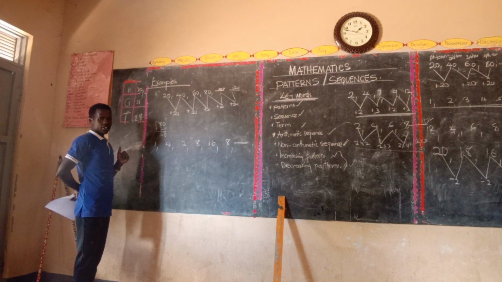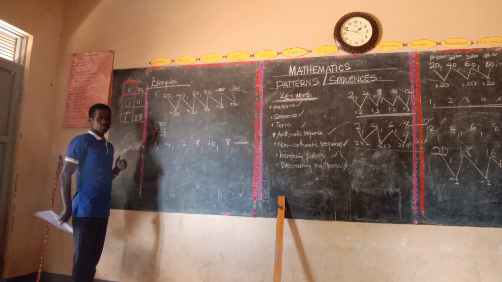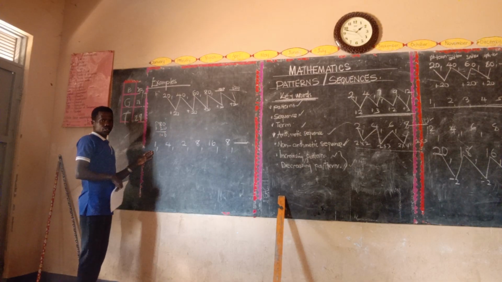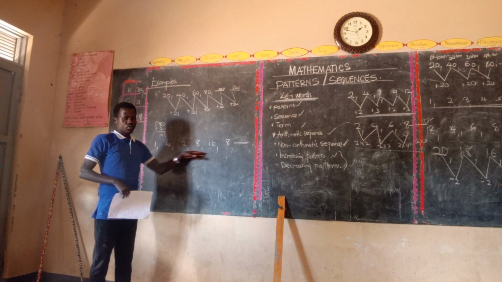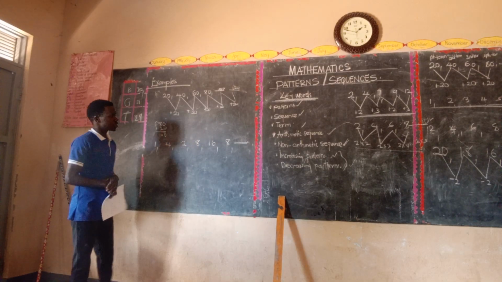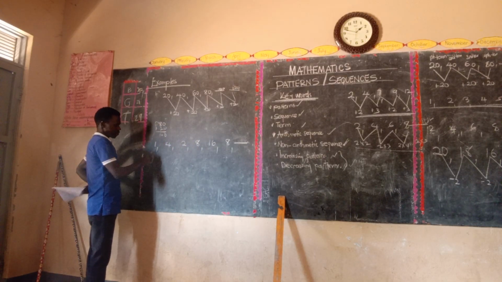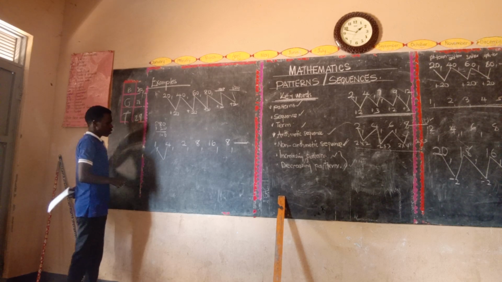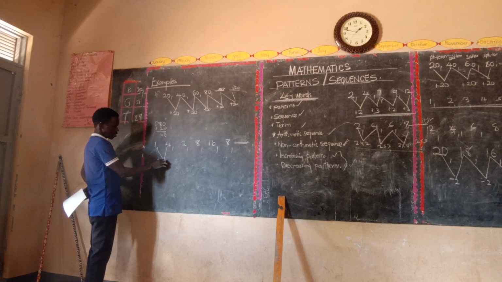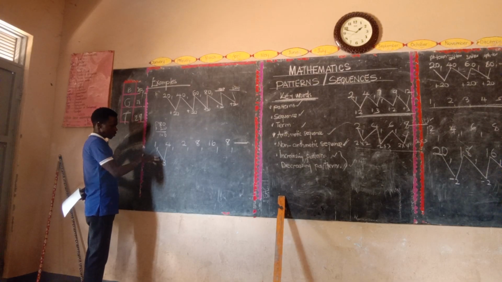So the first thing to do is to check whether all these numbers have uniform patterns. Let us check from 1 and 4, what can we do to get 4? We say we add 3, 1 plus 3 will give us 4.